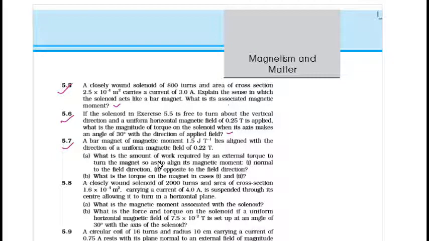A. What is the amount of work required by the external torque to turn the magnet so as to align its magnetic moment: 1. Normal to the field direction, 2. Opposite to the field direction. B. What is the torque on the magnet in case 1 and case 2? So there are many questions asked in a single question. Let us see the solution of each of them.